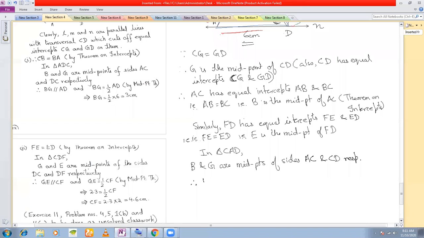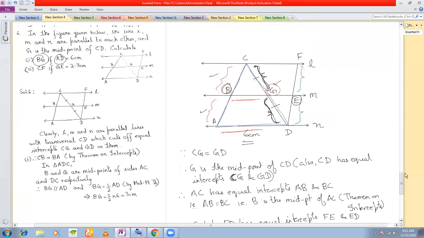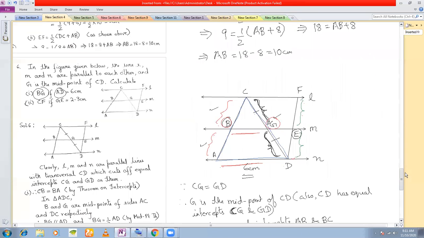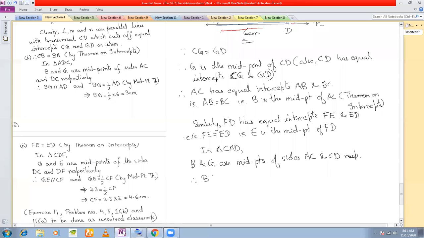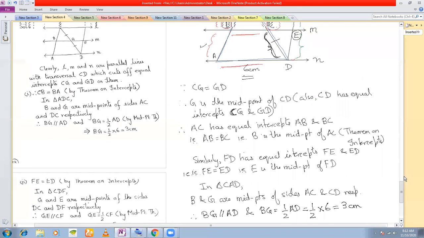Therefore, BG is parallel to AD and BG is equal to half of AD. According to the question, you need to find the length of BG, and the length of AD is given to be 6. So this is 3 centimeters. Okay, so the first part is over.